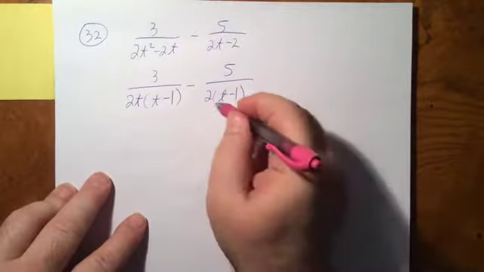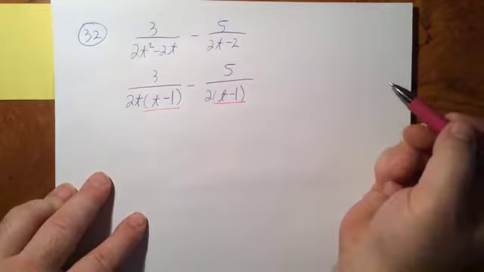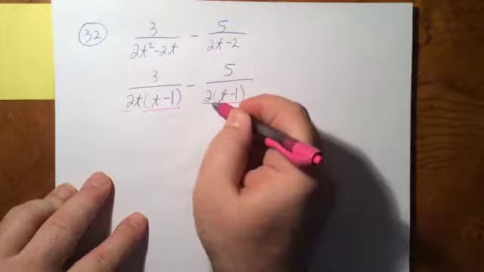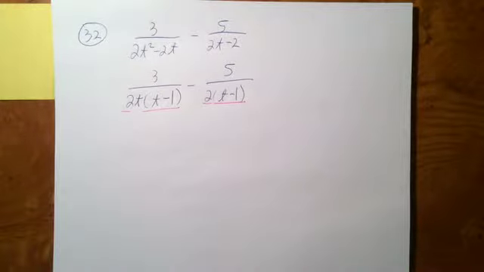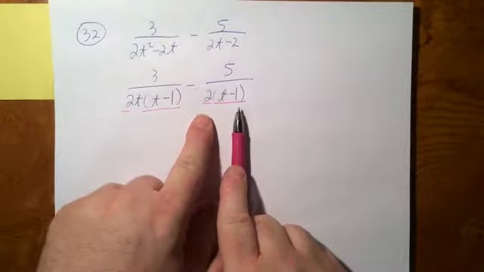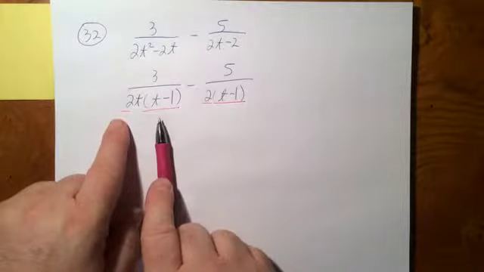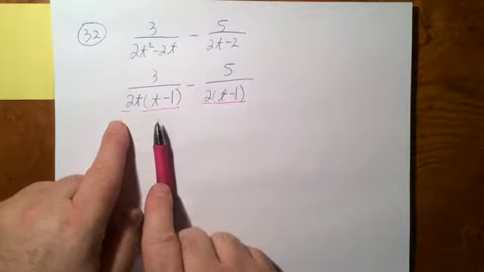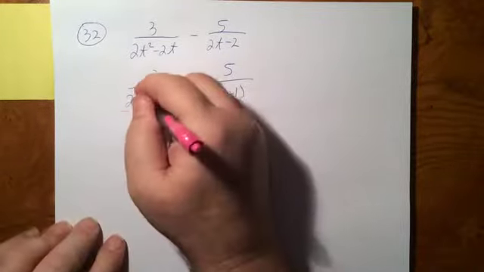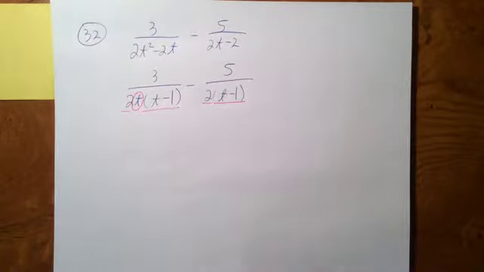Well, let's consider. We have t minus 1. We have 2. So everything that's a factor in the second fraction is a factor in the first. The first fraction, however, does have an additional t that's not a factor in the second one. So this isn't exactly a type 3 problem.